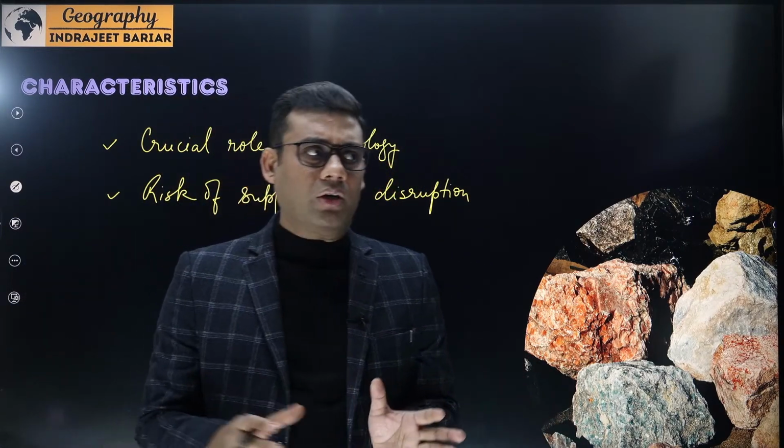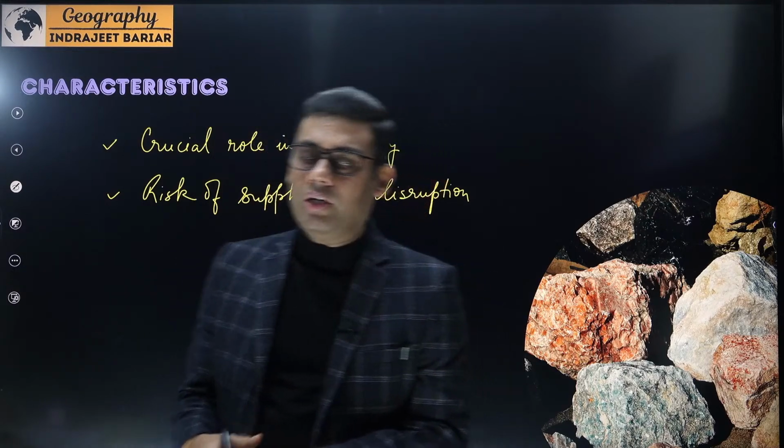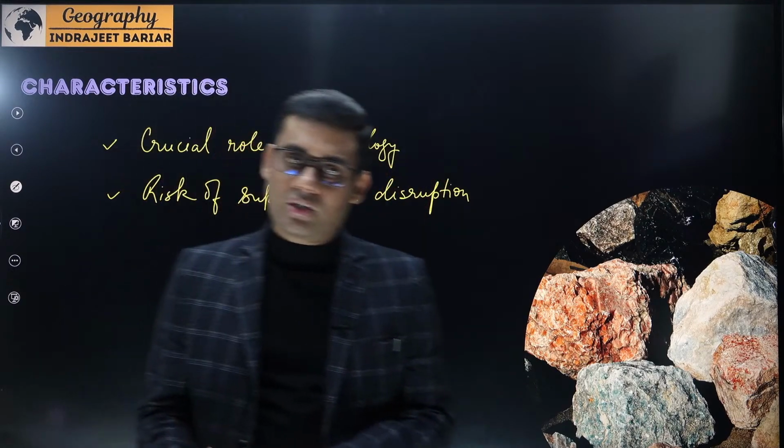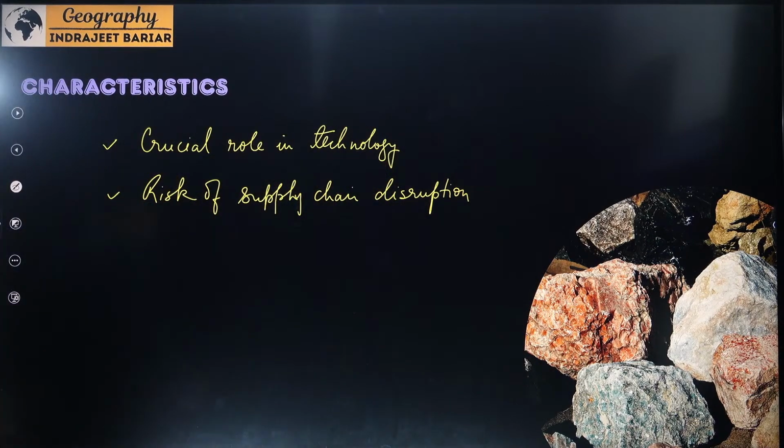Only a few countries are going to export or provide it, and so in case of any emergencies or adverse conditions, the supply chain may be disrupted. So it's more about localization.